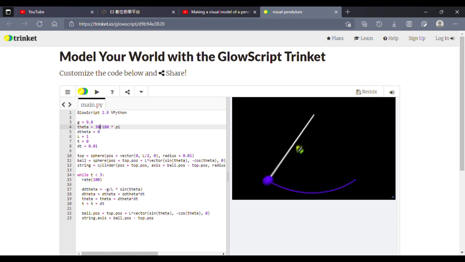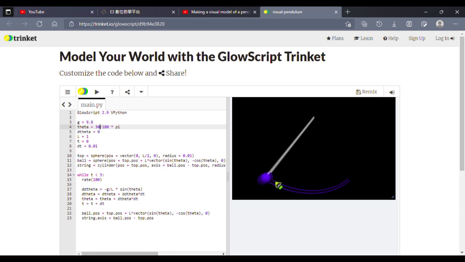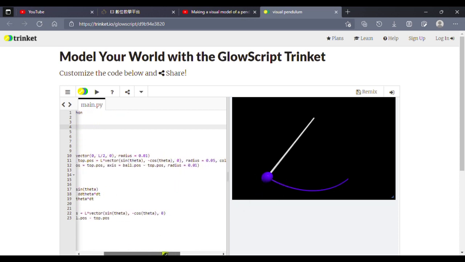The ball we also use a sphere, and its position is the position of the top plus L times sine theta, negative cosine theta, and 0, and we can get the position of the ball. The radius of the ball is 0.05, and it's blue. And it will leave a trail behind it.